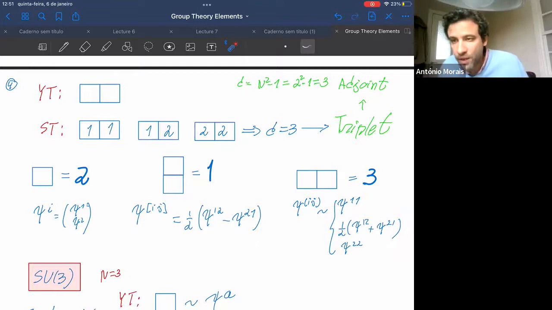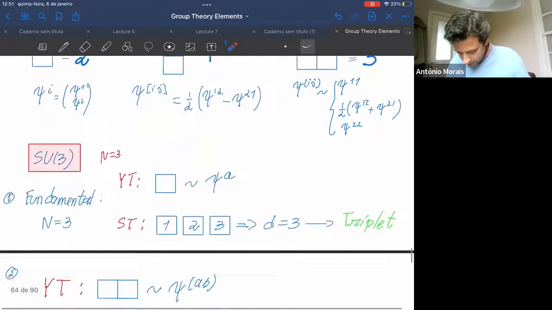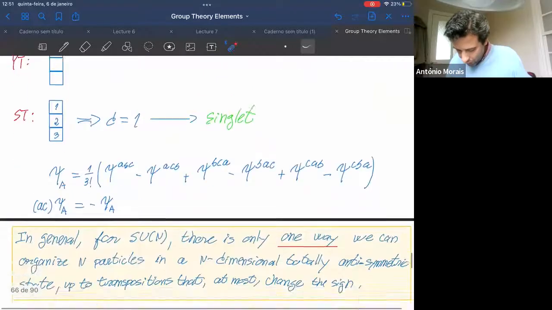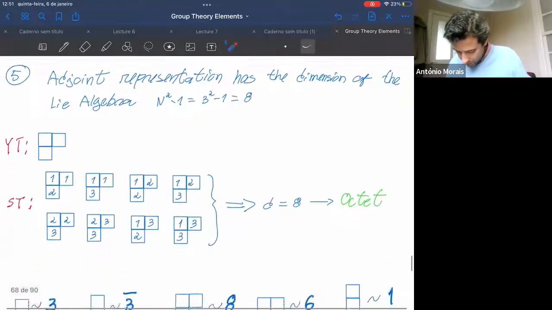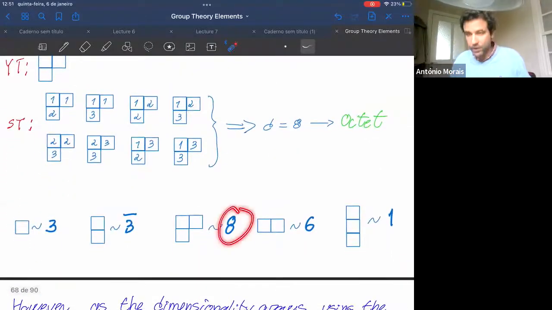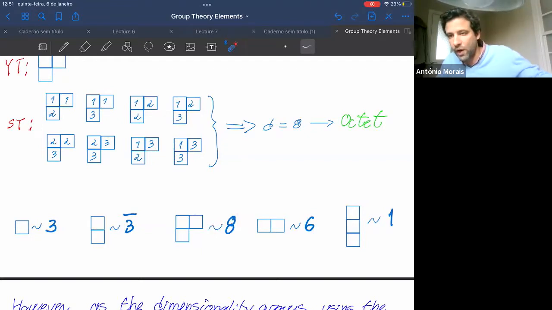But we have 3 colors. So SU2 works fine for weak charges. It's the same mathematics. But for colors, we have 8 colors. Of course, I'm not going to spell out now all these 8 colors, such as green anti-blue, red, blue.